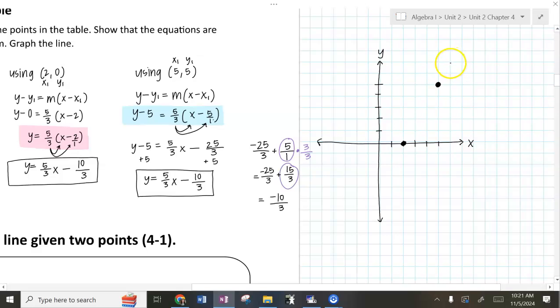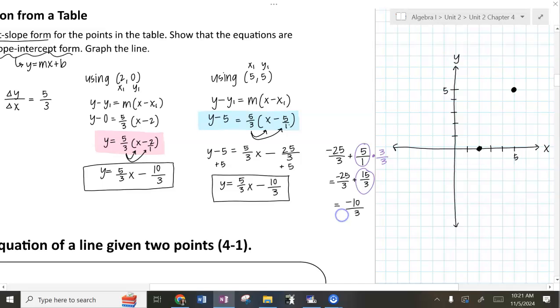Then I could connect my points and notice that that lands on the point, the next one, 5, 5. You could also have followed the same pattern to the left by going left 5, down 5, left 3. So we'll go down 1, 2, 3, 4, 5, left 1, 2, 3, and place another point.